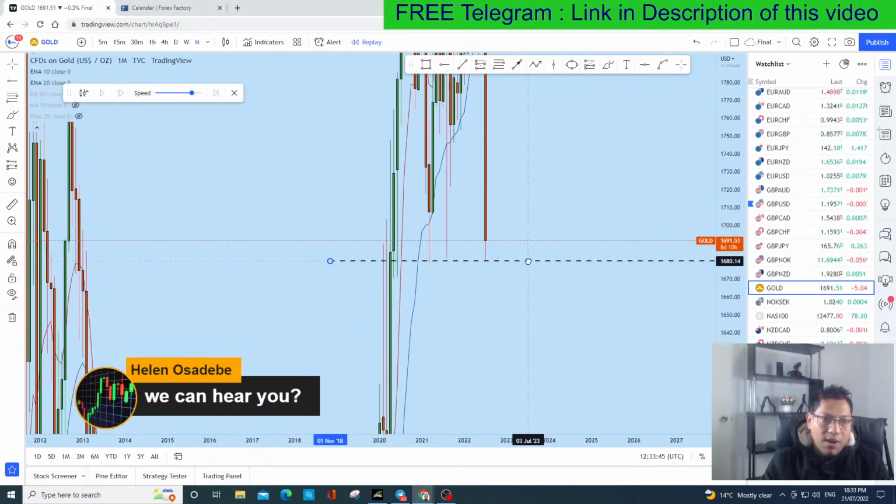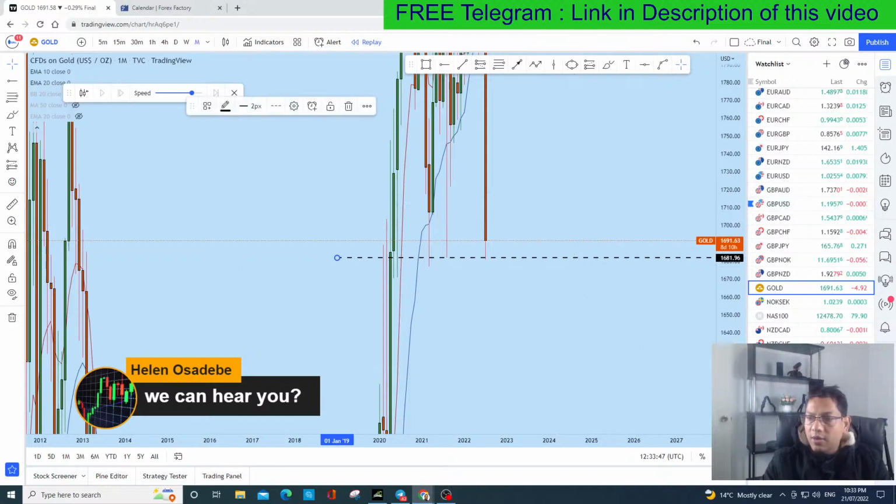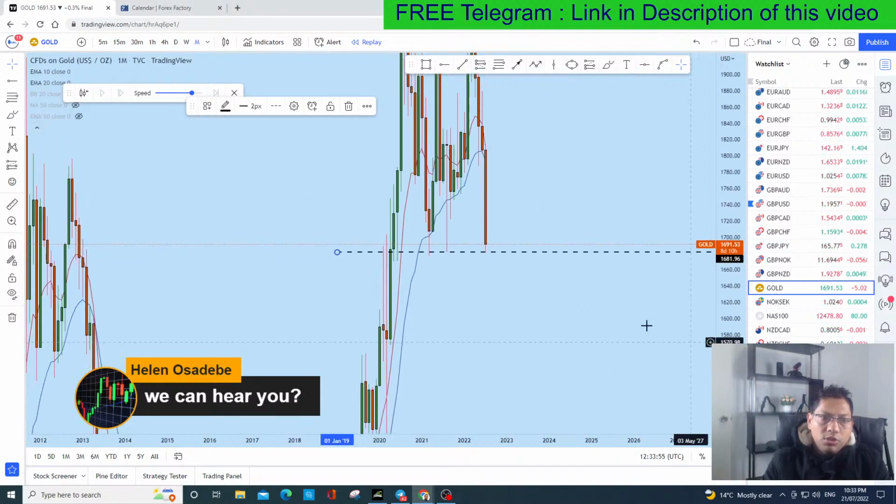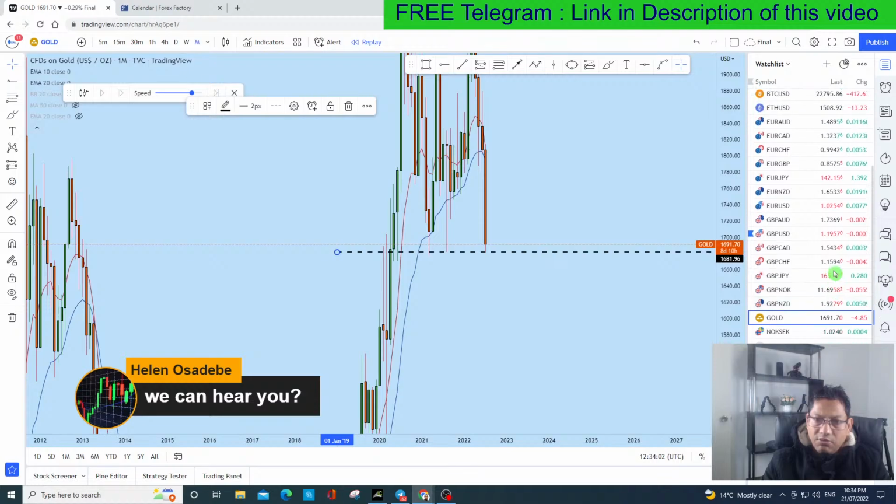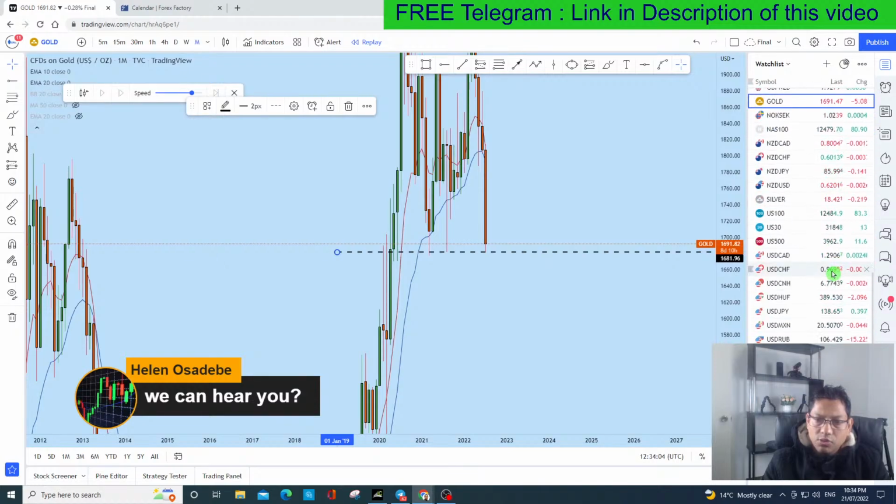You see, this is the monthly support, and gold has created a lower high, and that is amazing, isn't it? Now we could see a deeper retracement. At this point I will not be selling gold at all, because it's not impossible to see a deeper retracement.